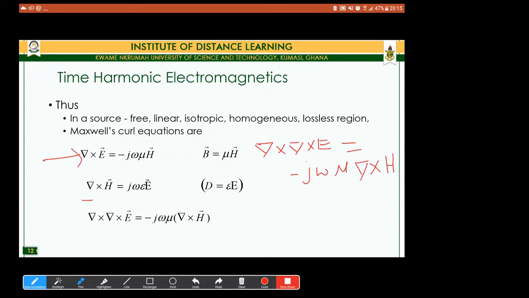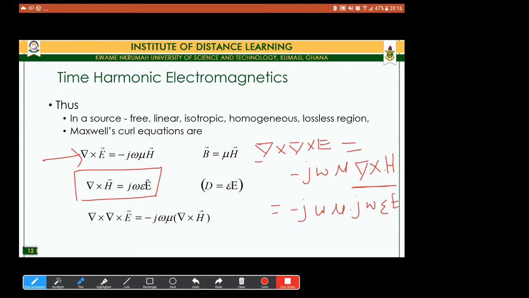But we already have an equation for curl of H here, so we can substitute it. So curl of curl E will be equal to minus j omega mu, and curl of H is what? j omega epsilon E.